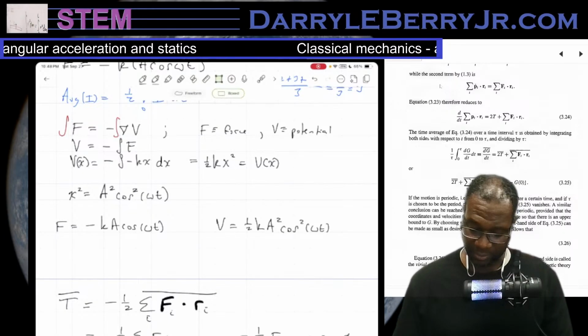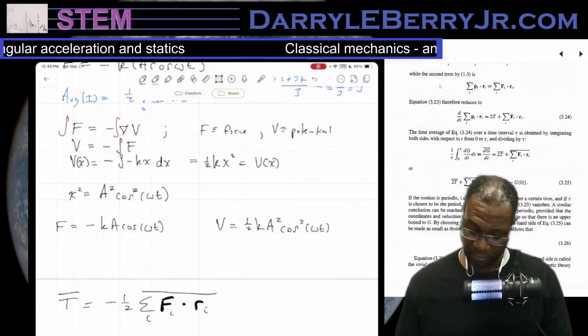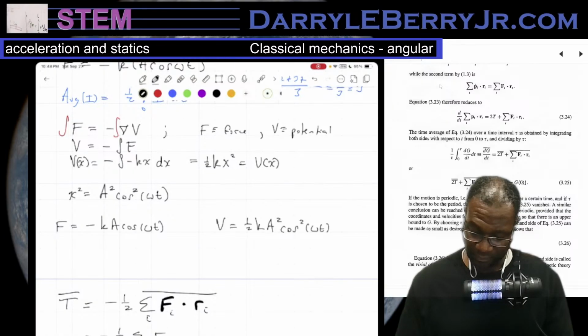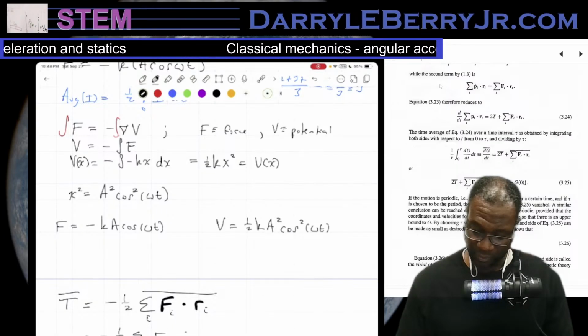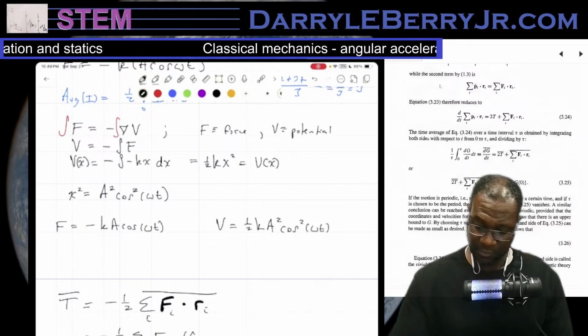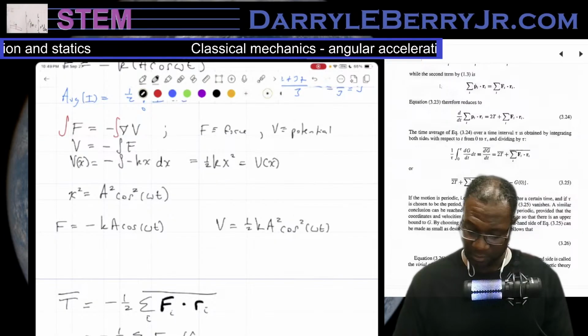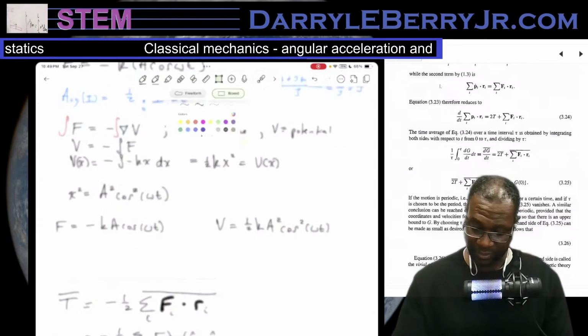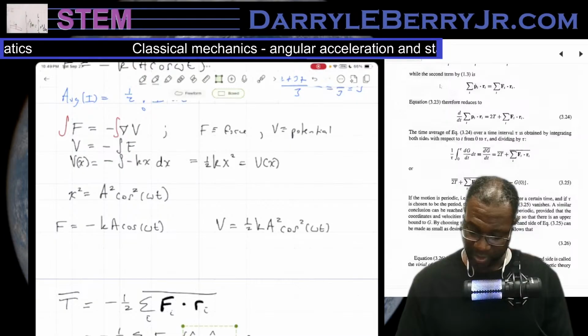Yeah, let me add one more step here. So I believe this would be negative 1/2 F, I hat dot, actually, I hat dot r hat, if that's a unit vector, which I believe it is, but we'll see. If the answer comes out wonky, then it might not be.